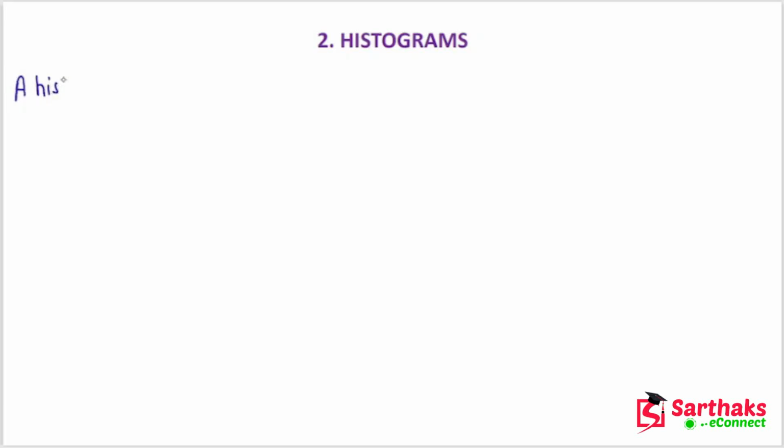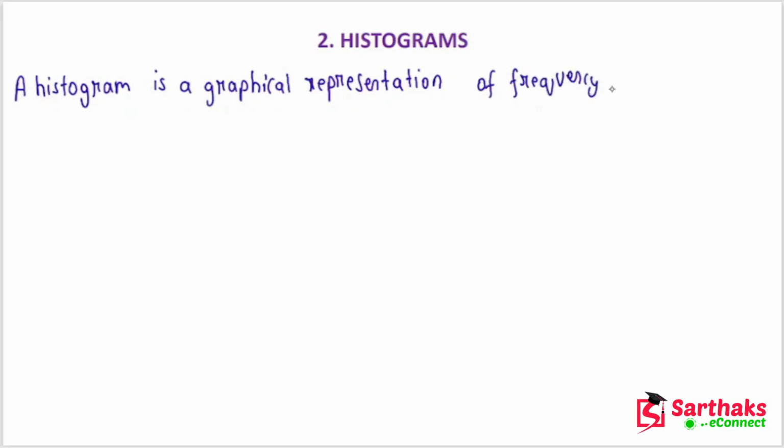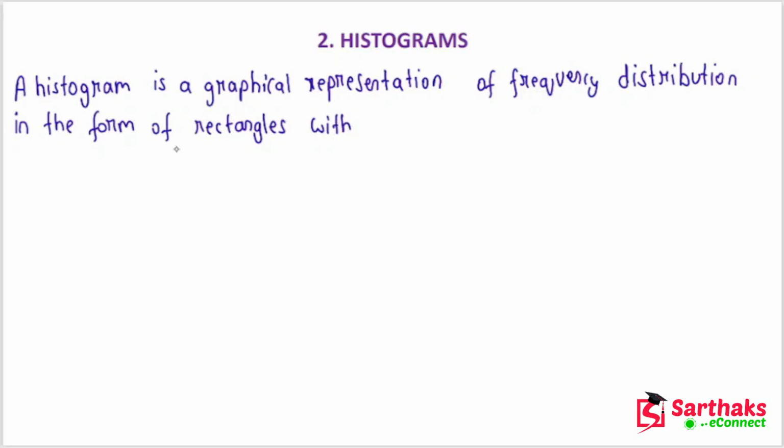A histogram or frequency histogram is a graphical representation of frequency distribution in the form of rectangles with class intervals. You can clearly see it is frequency distribution in the form of rectangles, that is bars, with class intervals.